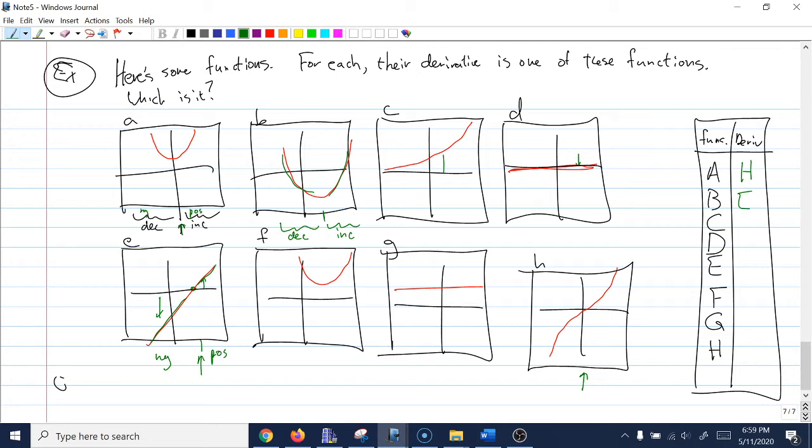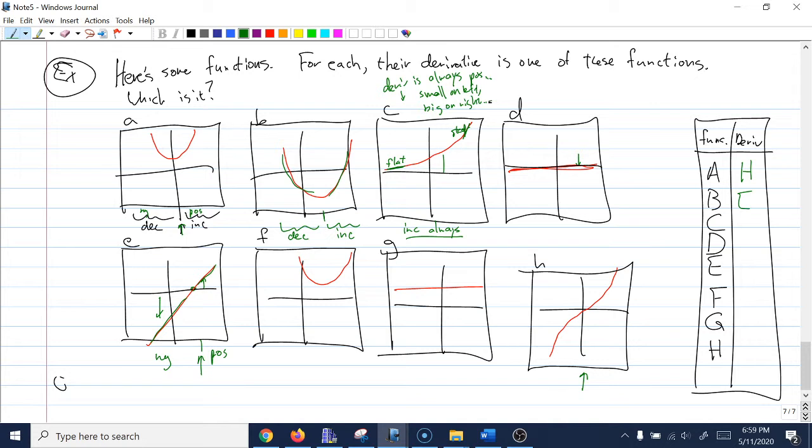C. C is always increasing. So I want a derivative that's always positive. Not only is it always increasing, now I need some more second level thoughts. This guy is flat and then steep. So our derivative is always positive, small on the left, big on the right.